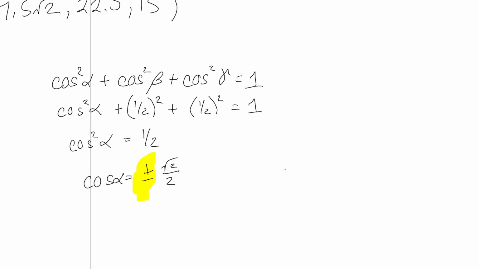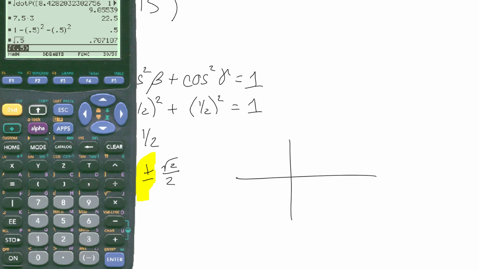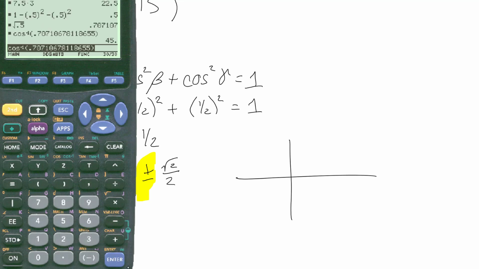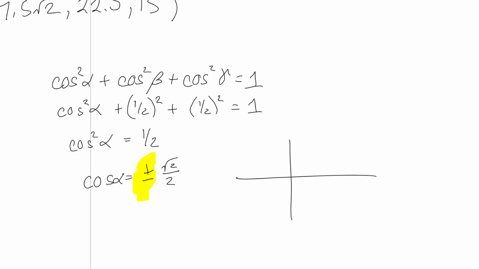So remember with cosine, if I take the inverse cosine of this, and I'm in degrees, I get 45. So remember that that's 45 here to get positive cosine, or it's 45 here to get positive cosine. But it's also 45 here to get a negative cosine, or a 45 here to get a negative cosine.